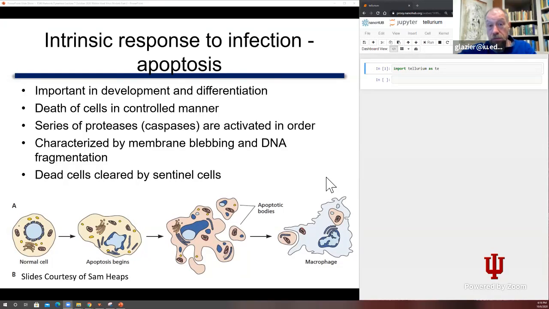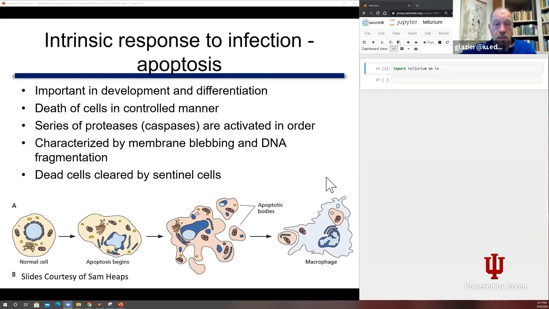Again, caspases are also activated in cancer and in other situations. But the caspases do break down both the membrane, the mitochondria, the energy-producing components of the cell, and also the viruses inside of the cell. When a cell lyses, when it dies through necrosis, the contents of the cell are spewed out into the environment, and that actually can be quite toxic to neighboring cells.